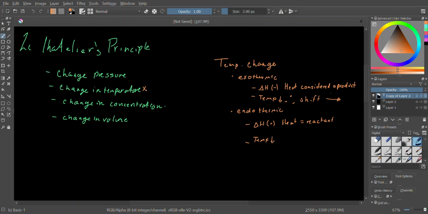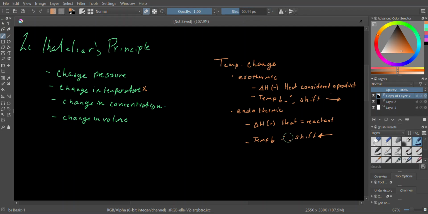If our temperature is decreasing, then that means that our reactant is decreasing, so it would be a shift to the left towards our reactants, right? So then keep that in mind.